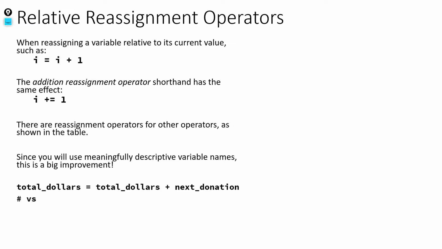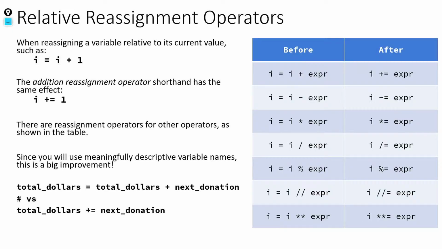There are many, and where this starts to become more useful is if you have longer variable names, such as total dollars. You can see total dollars plus equals next donation is incrementing, or increasing, the value in total dollars by next donation. This works for all the arithmetic operators that you would expect, works for concatenation, and some others that you would less commonly use, but it is a common idea not only to Python, but many other programming languages as well.